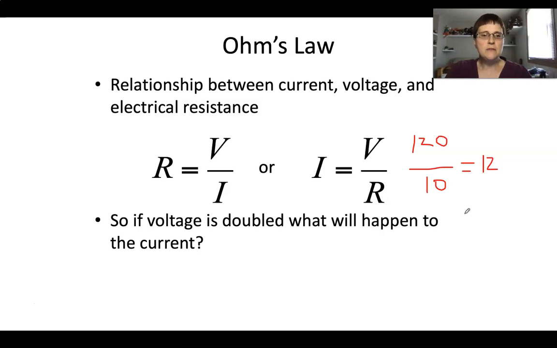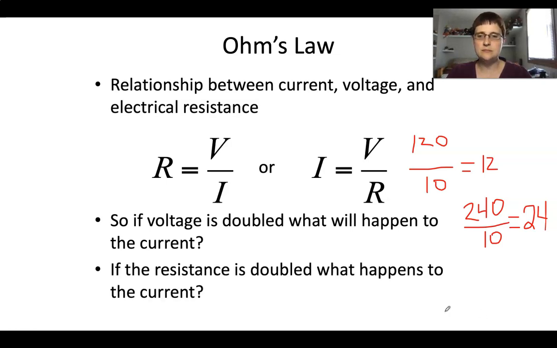But if we double the voltage, so 240, and the resistance stays the same at 10, what's going to happen to the current? Is the current going to go up or down? It should go down, and it will go down by, or no, it will go up by how much? It'll double, because 240 divided by 10 is 24.